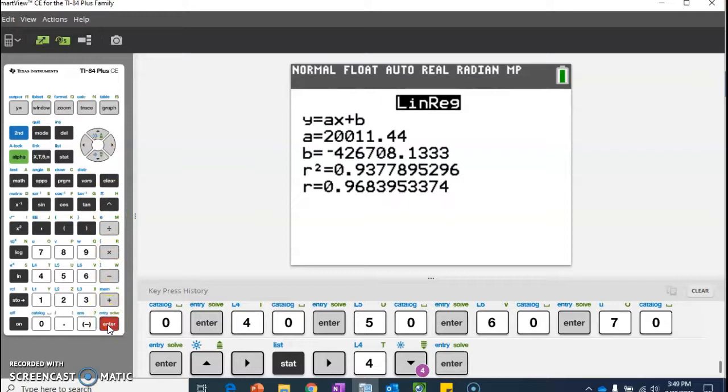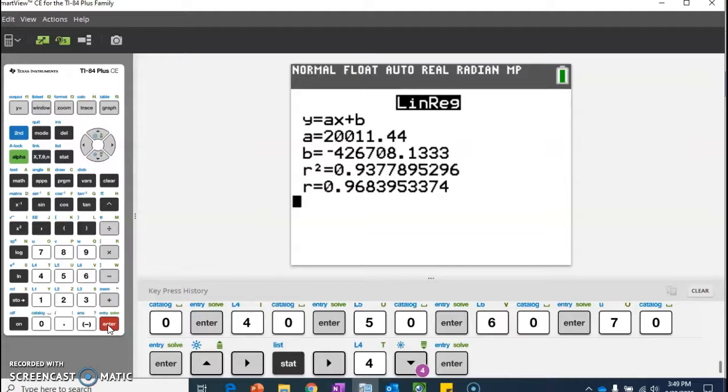And there's my answer. I'm going to round. Let's just write down all the decimals since it's not a repeating decimal. So I get y equals 20,011.44x minus 426,708.1333.